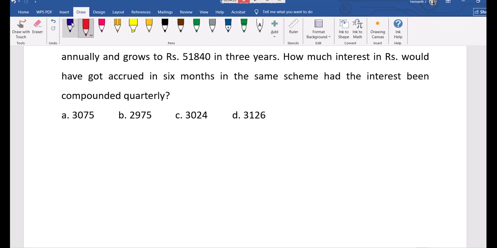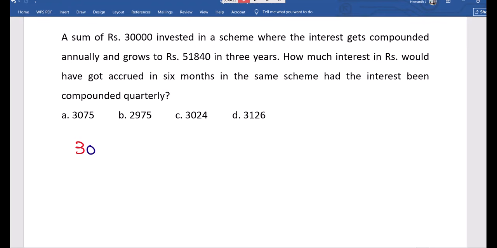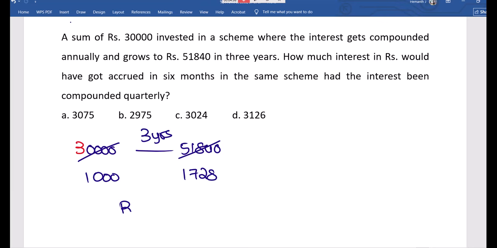So using the previous question's data, the rate of interest is clearly 20%. If we divide by 30, this is actually 1000, and this is 1728, in 3 years, which means the rate of interest is 20%. I am not doing that, we anyhow did it in the previous one.